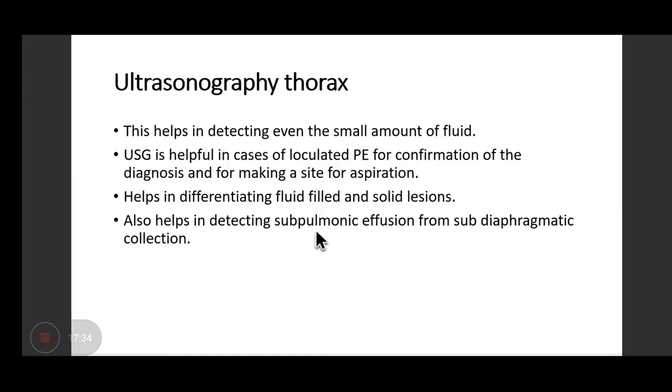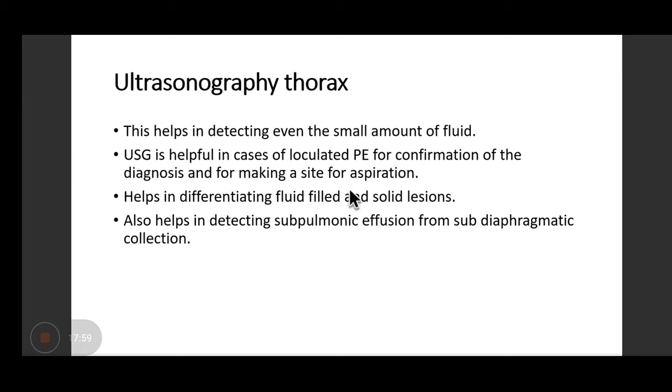Now you may also do an ultrasonography of the thorax. Why ultrasonography? It helps in detecting very small amounts of fluid, and in cases of loculated pleural effusion, because in loculated pleural effusion you have to have a confirmed site of aspiration.